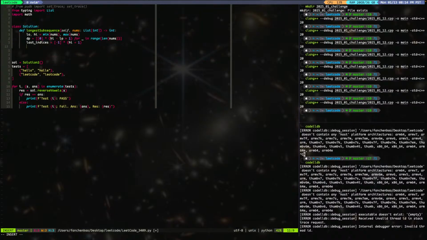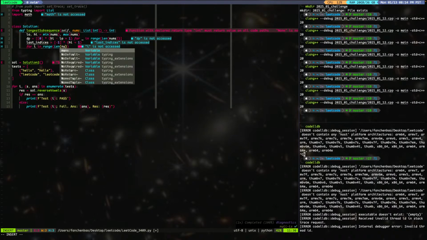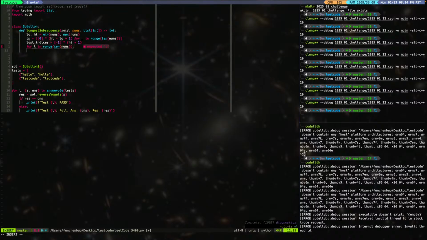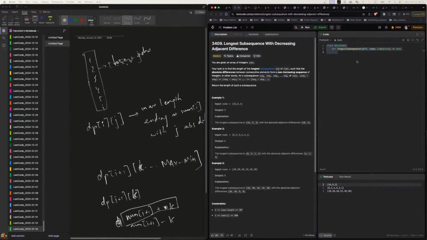Now we're going to go through them one by one. So say for i in range, okay, so for the first one, maybe the first one element.